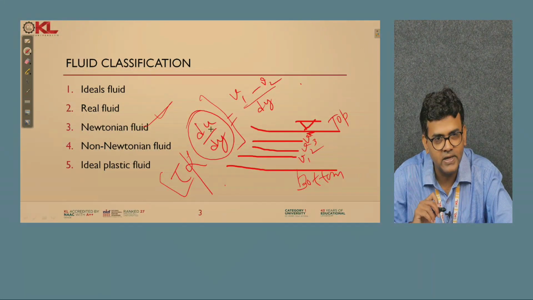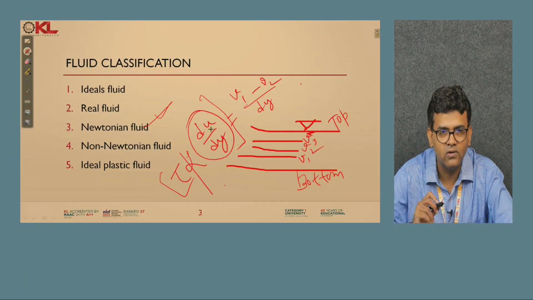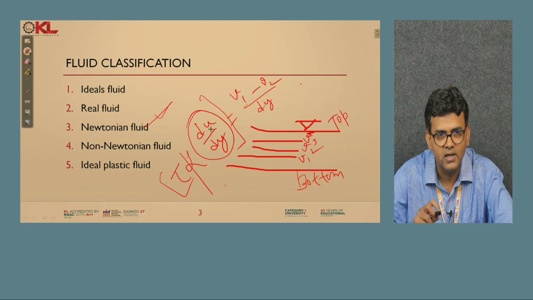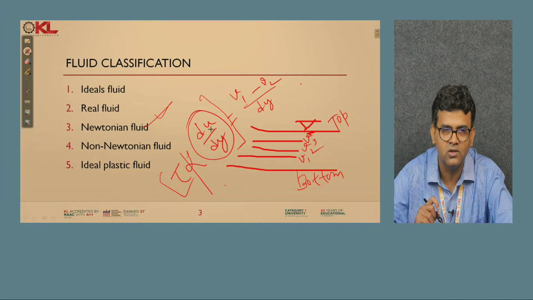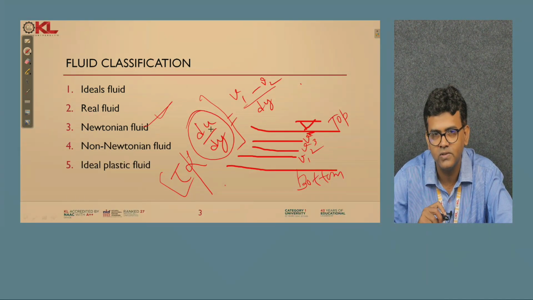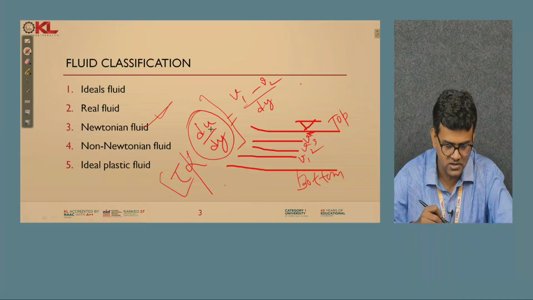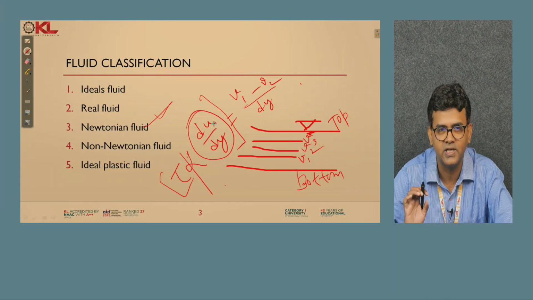So a Newtonian fluid follows the Newton's law of viscosity, and a non-Newtonian fluid does not. Newton's law of viscosity defines shear stress as proportional to velocity gradient.